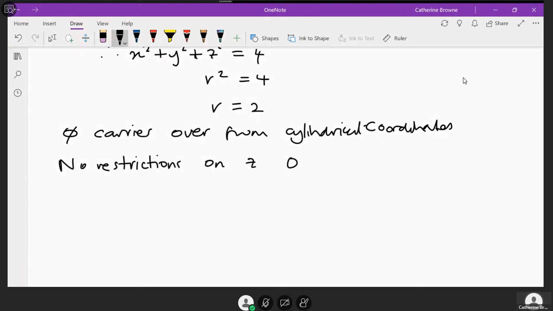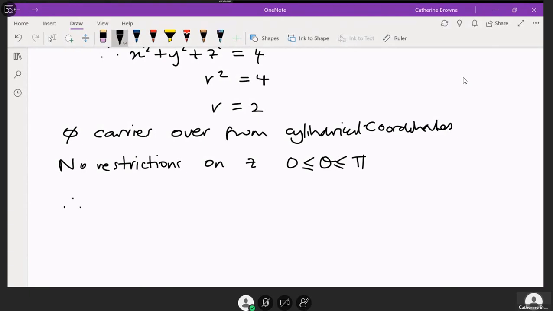Theta just goes from 0 to pi as it does in spherical coordinates.